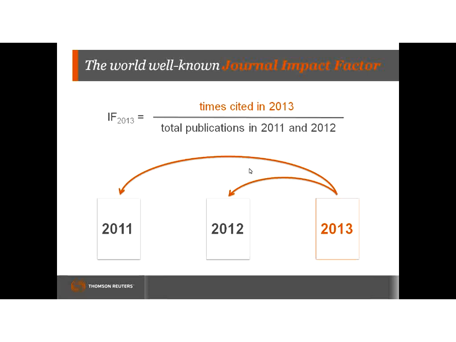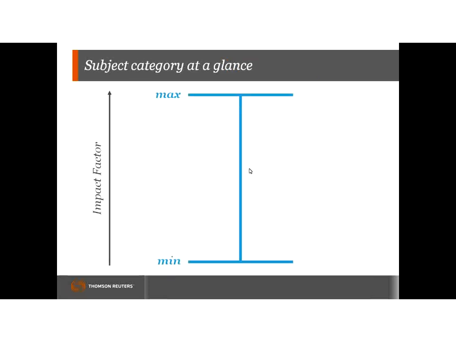You have that information through Journal Citation Reports. You need to be careful where you submit, because journals don't all have the same performance in terms of impact.